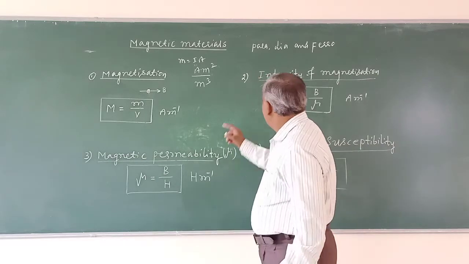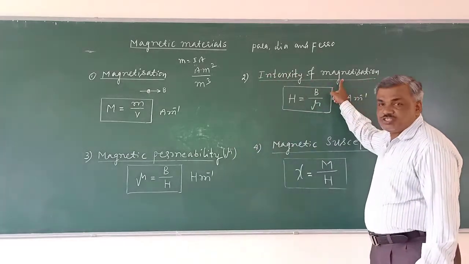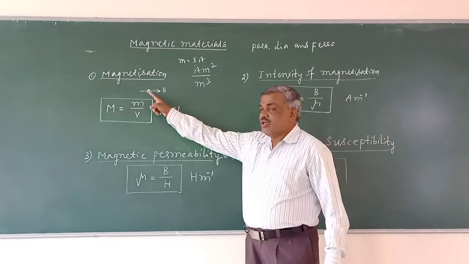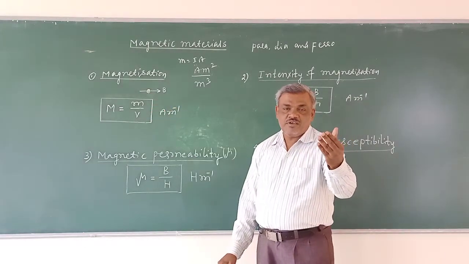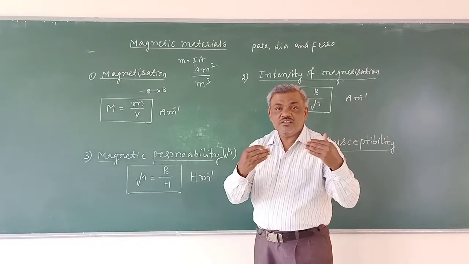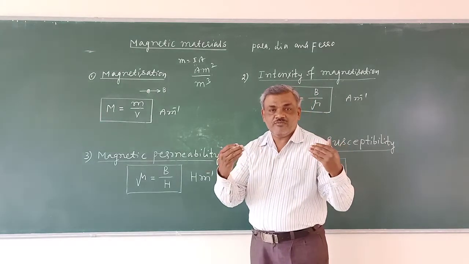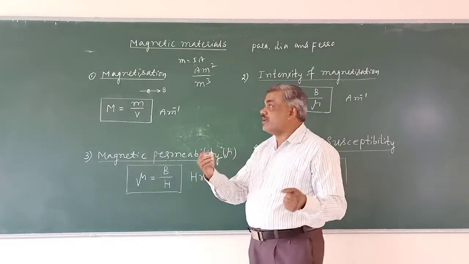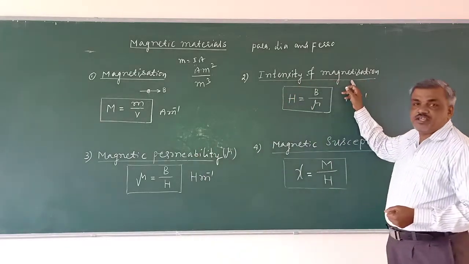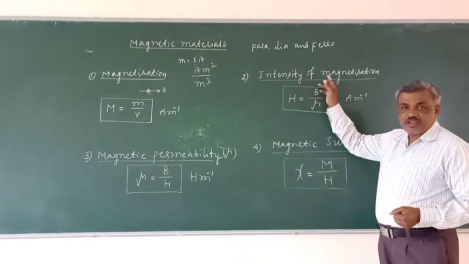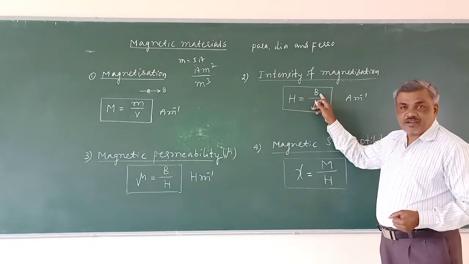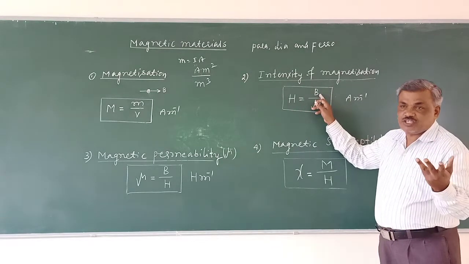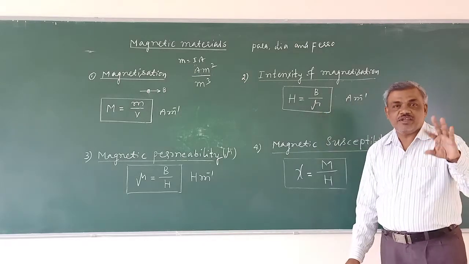After that, the second one, intensity of magnetization. Now the specimen is kept in a magnetic field and gets magnetized. How to measure the strength of the magnetic field in the specimen? So, intensity of magnetization, symbol capital H. B is the magnetic field or magnetic induction. Mu is the permeability.